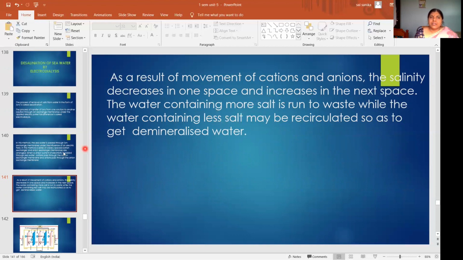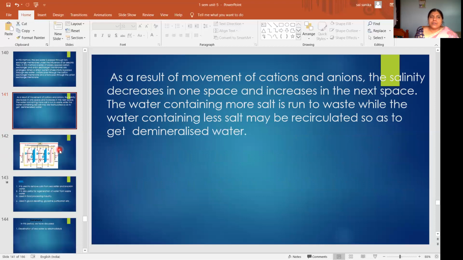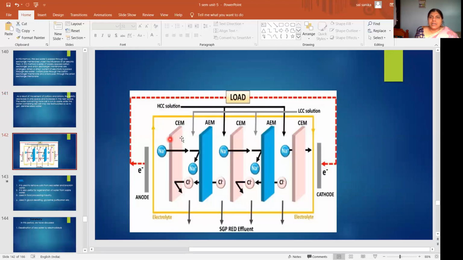So this is electrodialysis. This is the diagram. The cations move to the cathode through the cation exchange membranes and the anions move to the anode through the anion exchange membranes. Like that, seawater is purified by this method.